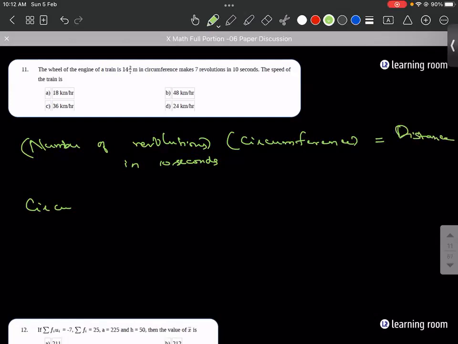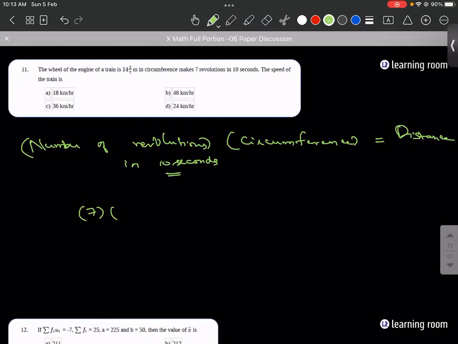So how will you calculate speed? Speed is distance by time. Yes. So number of revolutions in 10 seconds is 7 into circumference, which is 14 into 2 by 7.